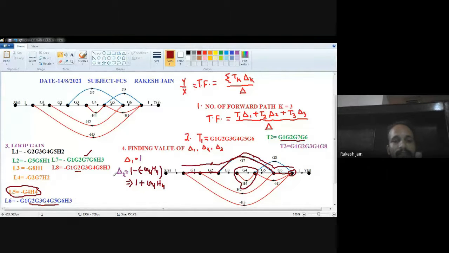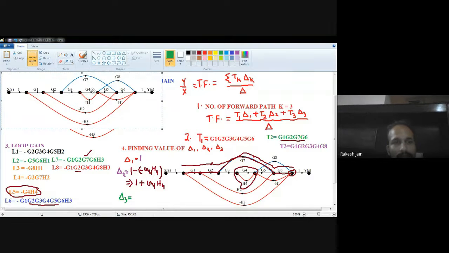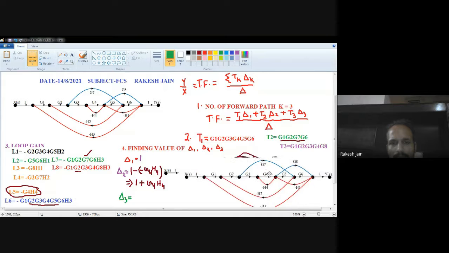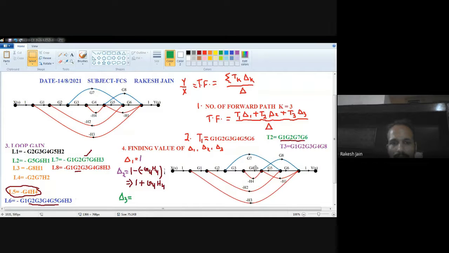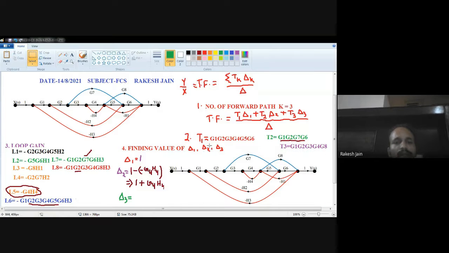Then the next one is del 3, the last value. See very carefully with this green color. I will show you the value of del 3. So what is the meaning of del 3?